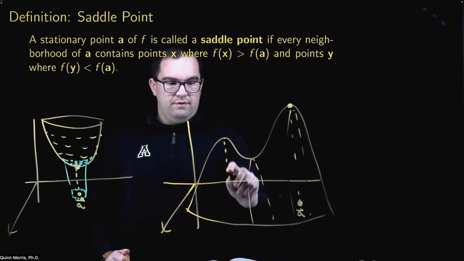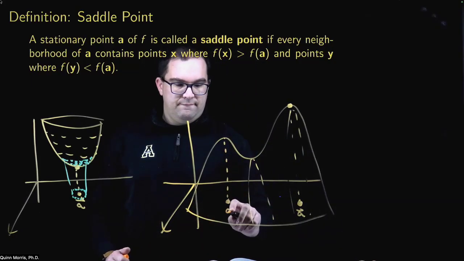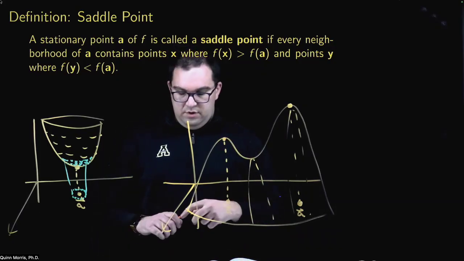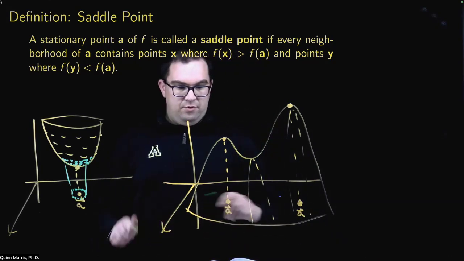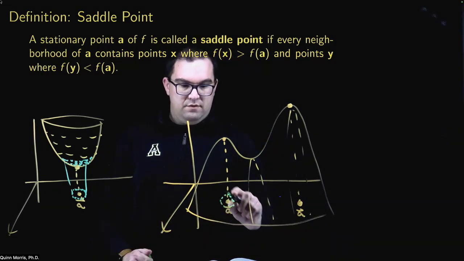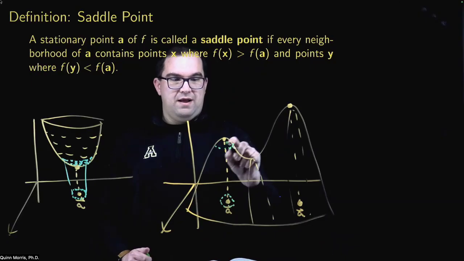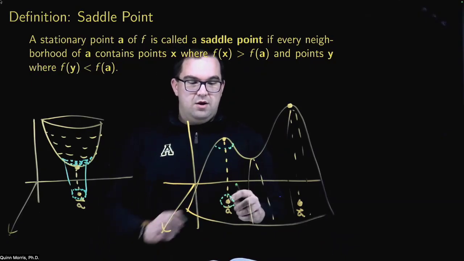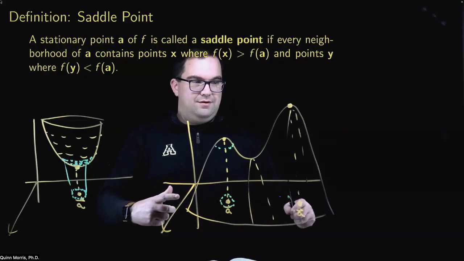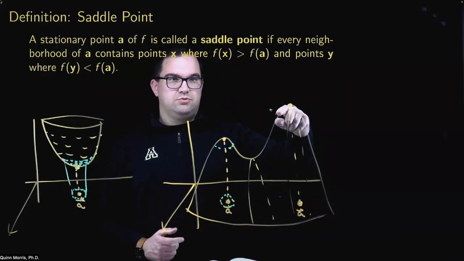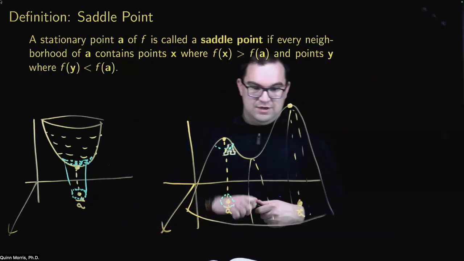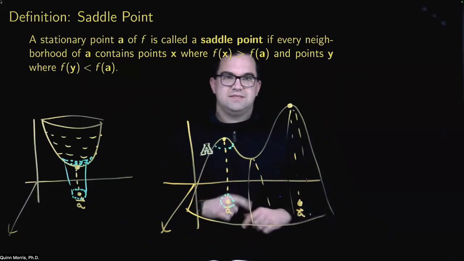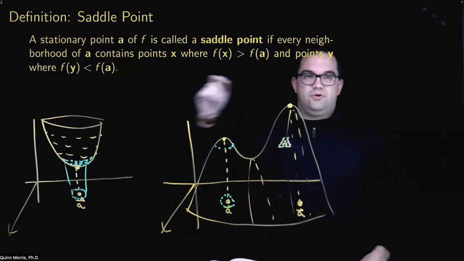I can find some neighborhood of this point so that all of my function values here are less than or equal to f of A. But if I try to make this circle too big, I'll start capturing points where my function actually takes on larger values.